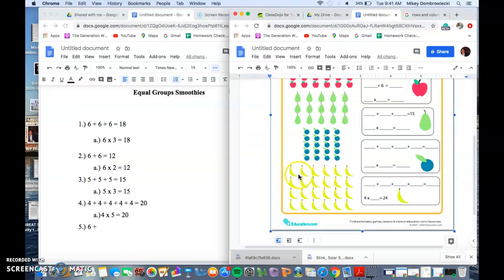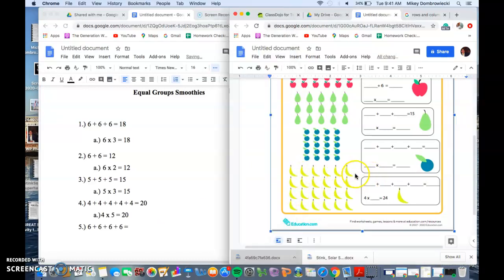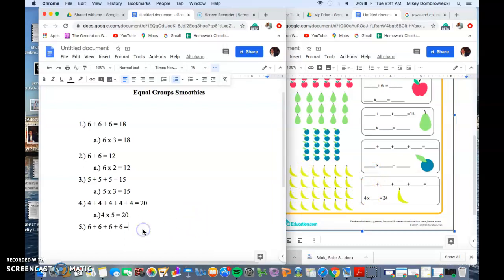And how many columns do we have? 1, 2, 3, 4. So we're going to do 6 plus 6 plus 6 plus 6 because we have 6 bananas in 4 rows. Well, we know 6 plus 6 is 12. 12 plus 6 is 18. 18 plus 6 is 24.